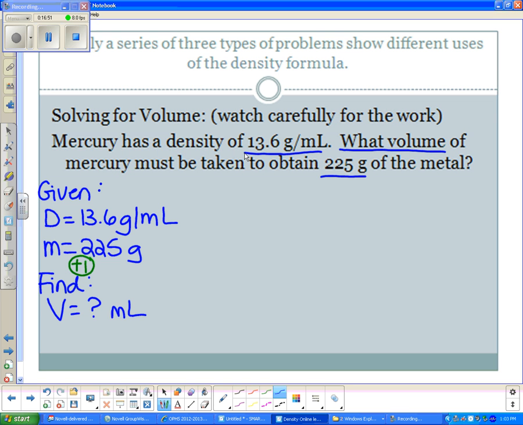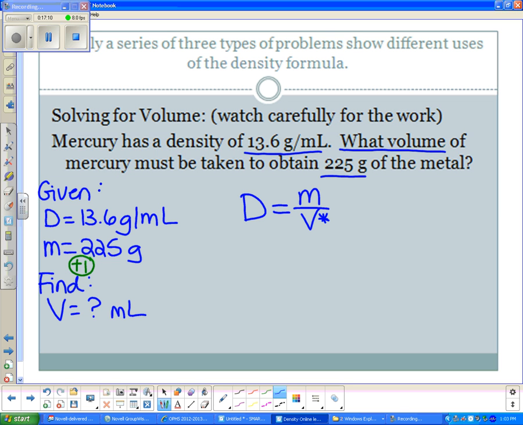Now, we always start with the basic density formula. So we're going to start D equals M over V every single time. Here's the problem, though. You can't solve for something that's in the denominator. So first, we've got to get it out of the denominator.